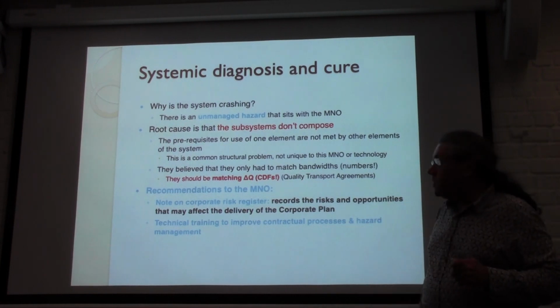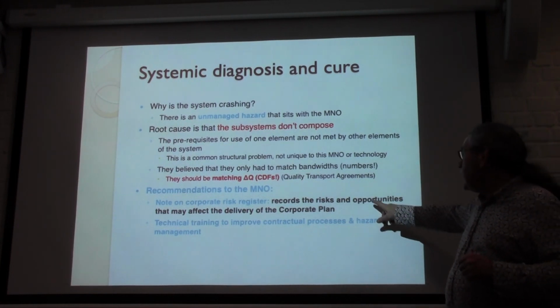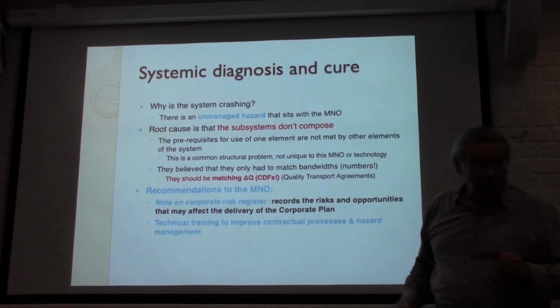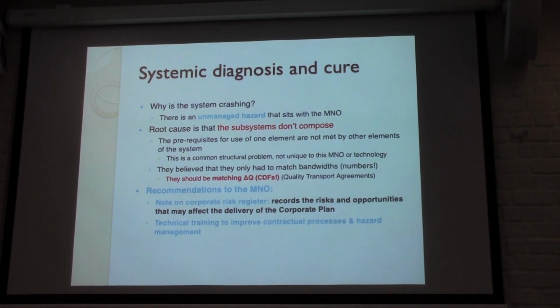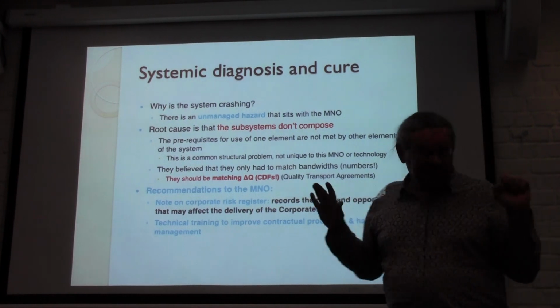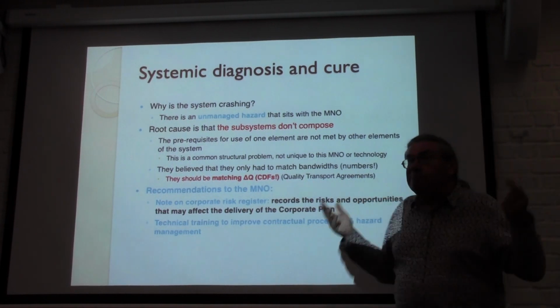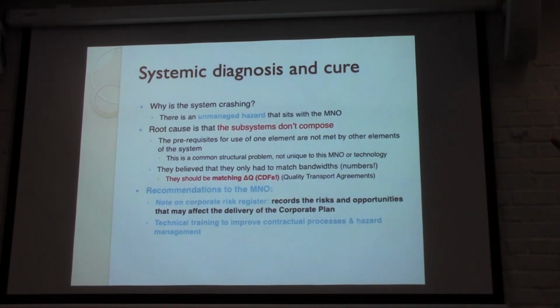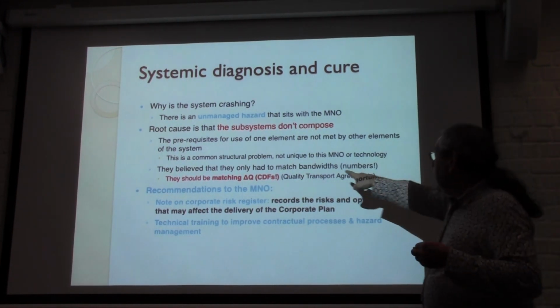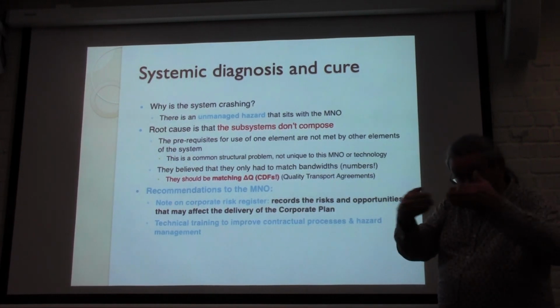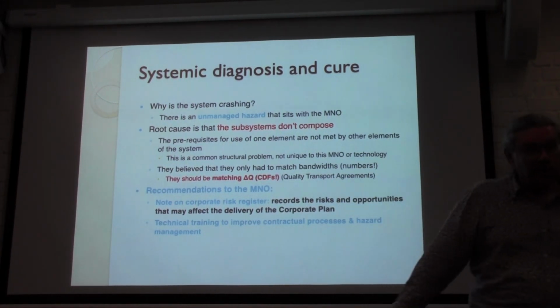And basically you need to do technical training and so on to make sure that people will do the correct kind of contract in the future. Now, that's what Pinsal told this company, and they were telling me that it's not really clear that the company followed their advice. What they did do was fix the network, but maybe they didn't actually fix the real problem, which is the fact that they were matching the wrong thing when connecting components.